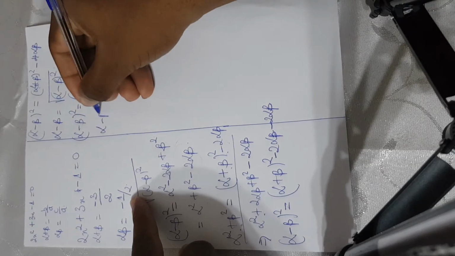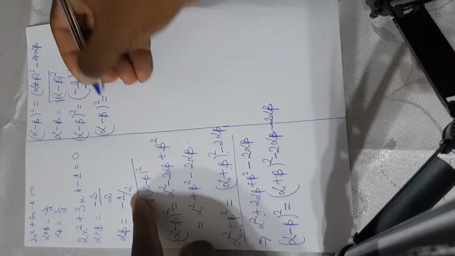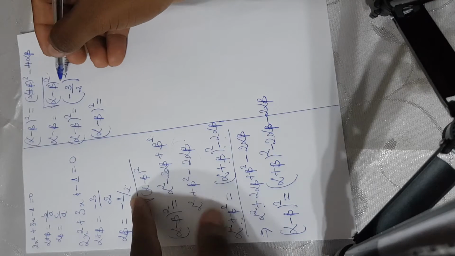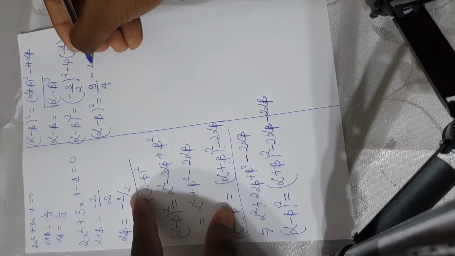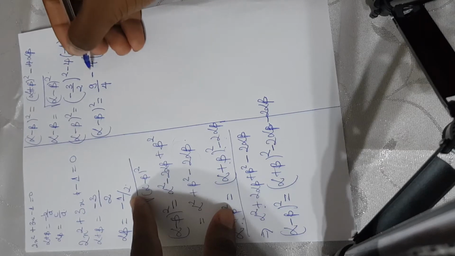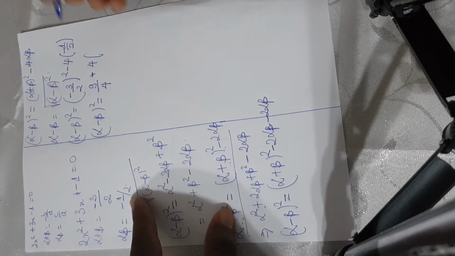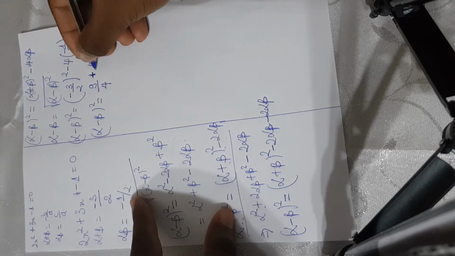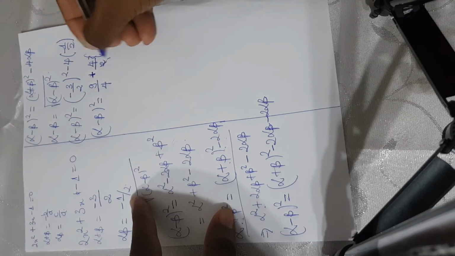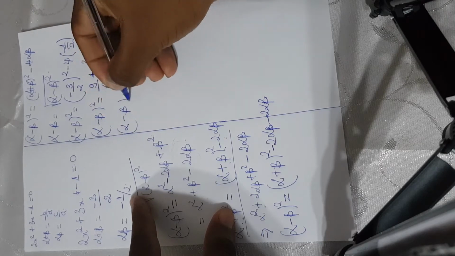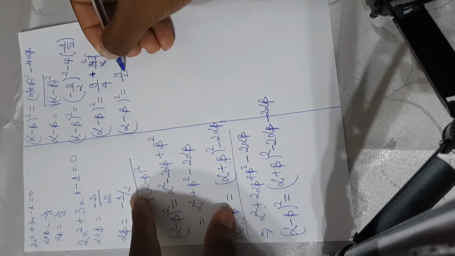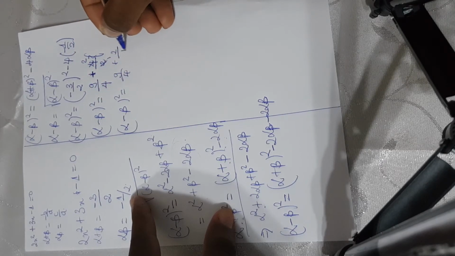So alpha minus beta all squared is equal to negative 3 squared, which is 9 all over 4, minus 4 into negative 1 over 2. We can cancel the negative and have a positive sign outside. Put the 2 outside, so alpha minus beta all squared is equal to 9 all over 4 plus 2 all over 1.